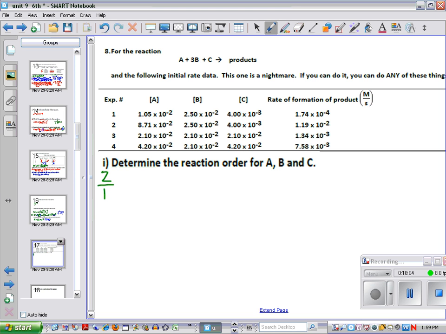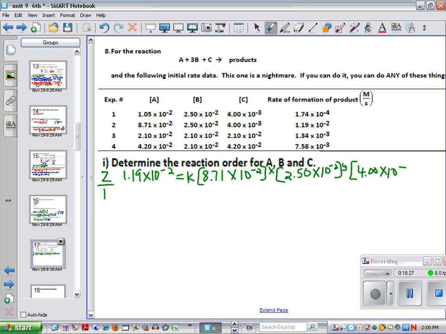Okay? And so I'm going to get 1.19 times 10 to the negative second equal to K times 8.71 times 10 to the negative second to the X times 2.50 times 10 to the negative second to the Y times 4.00 times 10 to the negative third to the Z. And I'm going to divide all of that by experiment 1, 1.74.